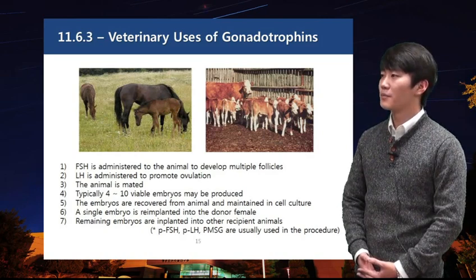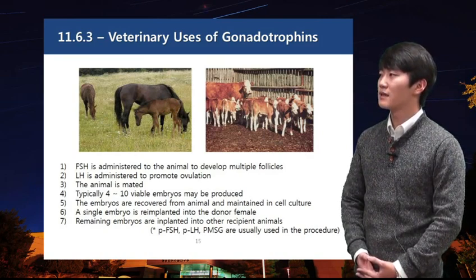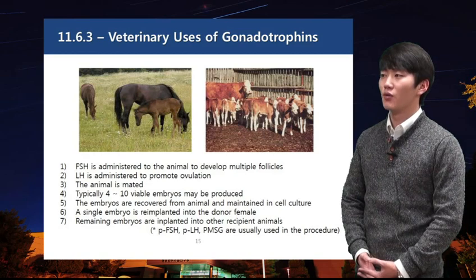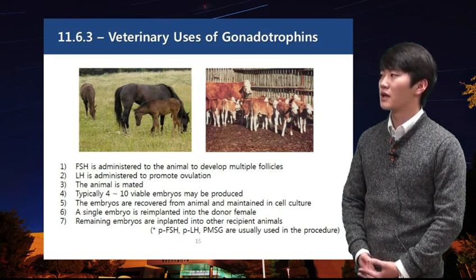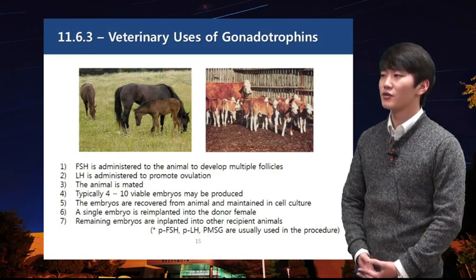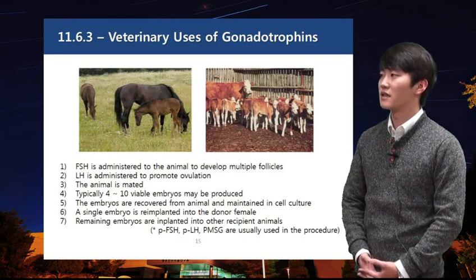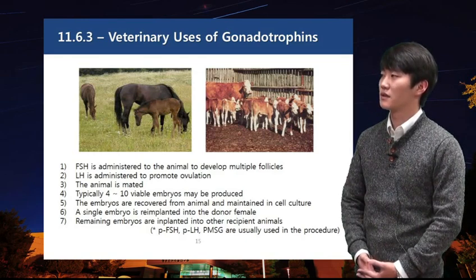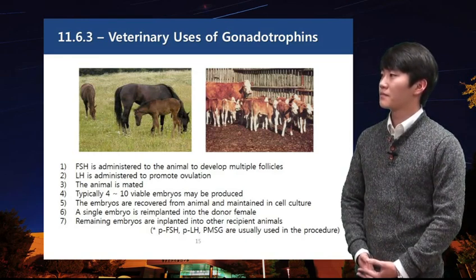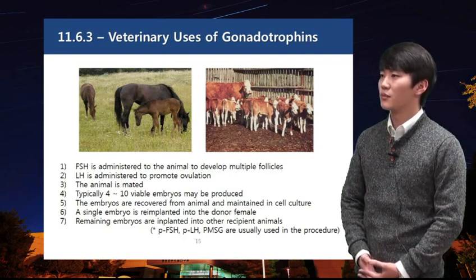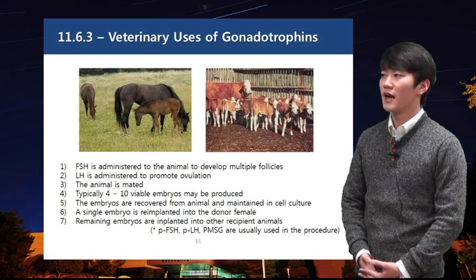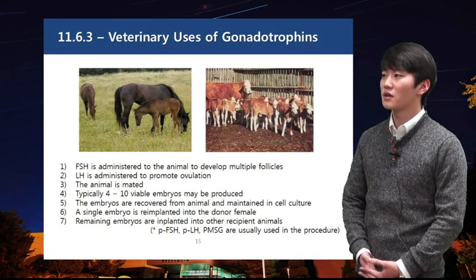A single embryo is then re-implanted into the donor female, while the remaining embryos are implanted into other recipient animals who act as surrogate mothers. This technology is most often applied to valuable animals such as prize-winning horses or high milk yield dairy cattle in order to boost their effective reproductive capacity several-fold.